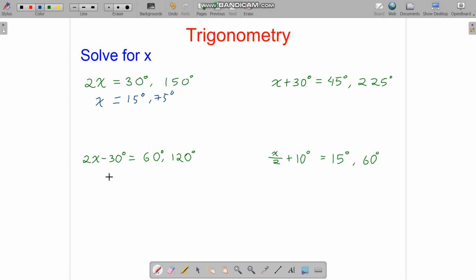Here we add 30 first. 30 added, we get 150, and then we divide by 2. And here we subtract 30 degrees, 195. And here we subtract 10 degrees, and we multiply by 2.